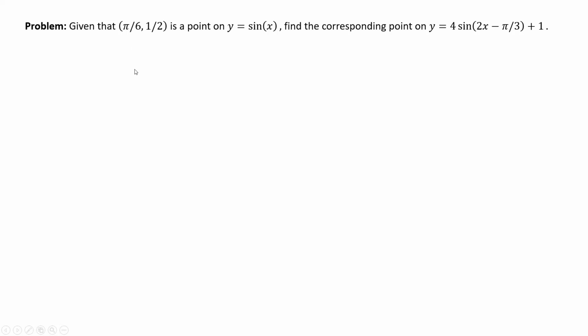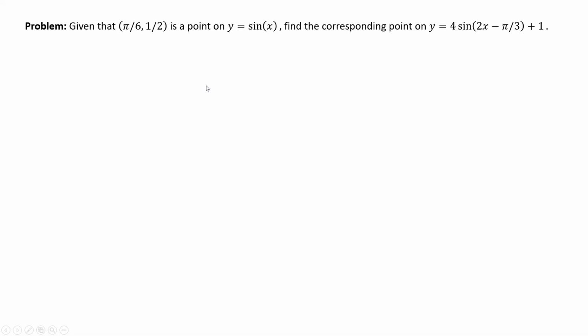Here, what we are saying is x is pi over 6 and the corresponding y is 1/2. Is it true that sine of pi 6 is equal to 1/2? Yeah, sine of pi 6 is sine of 30 degrees, and we know sine of 30 degrees is 1/2. So, yep, this is true.